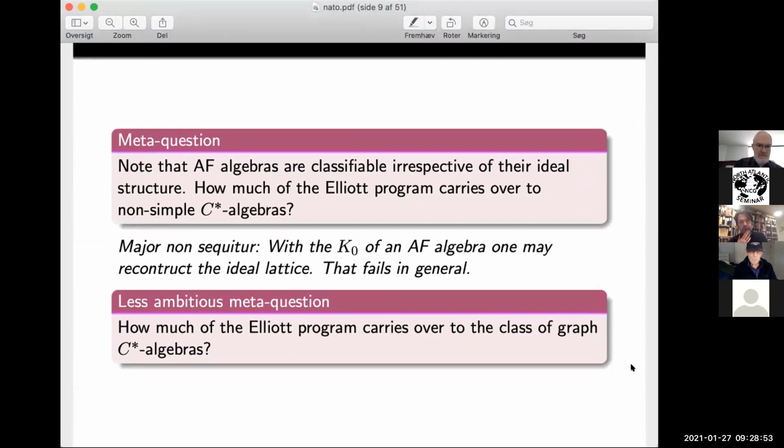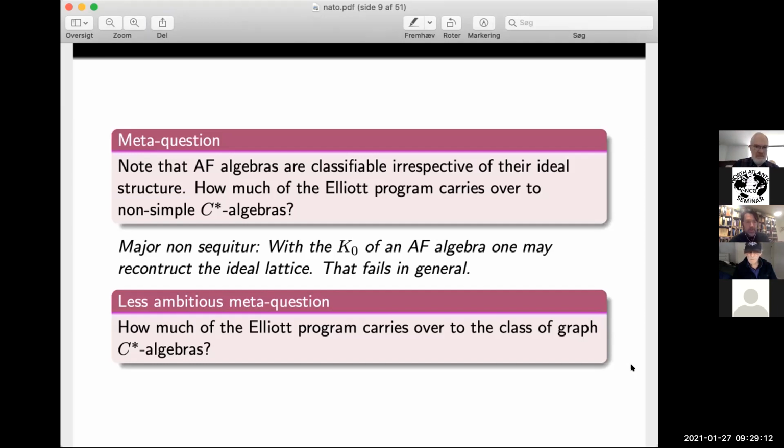Suppose that you have, in the AF classification result, there was no mentioning of simplicity. That's not necessary. So since you can notice that we can classify AF algebras without asking for simplicity, then can we carry over the program to non-simple C-star algebras?